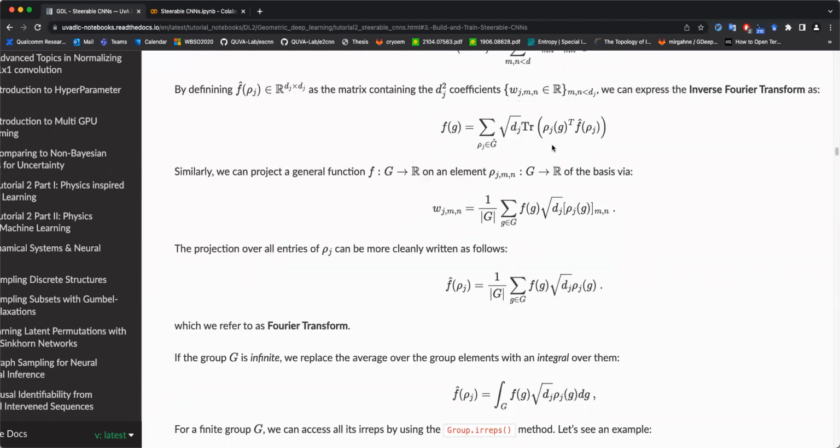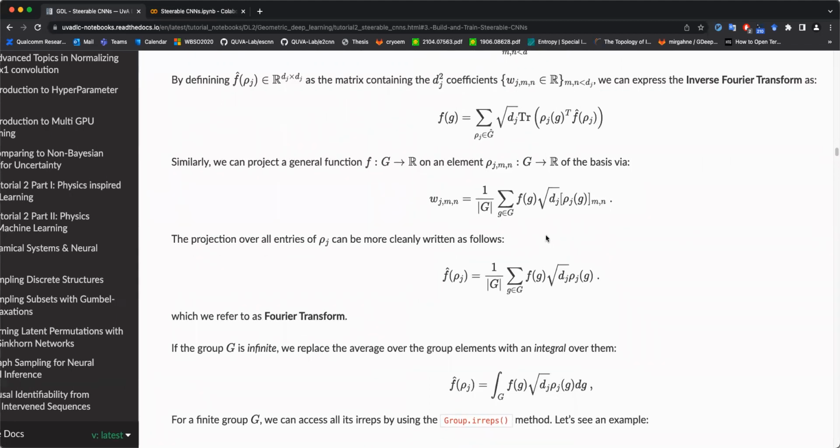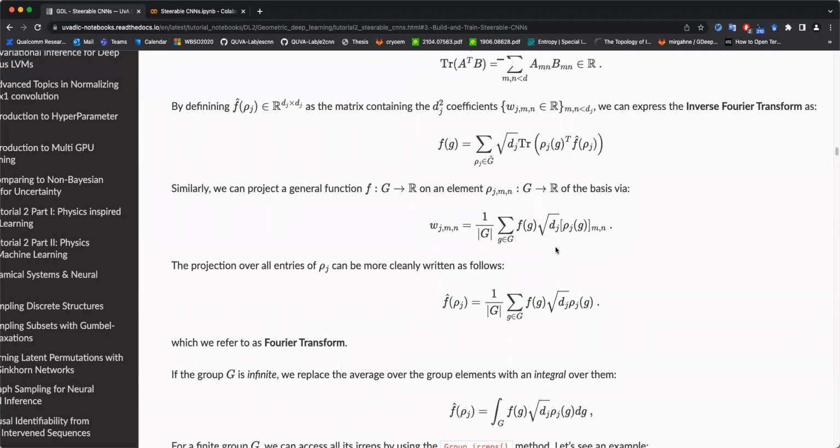This is a linear transformation, so we can take the inverse to define the actual Fourier transform. Starting from the function f, we want to compute the weights. This is just done by taking the product between two functions. So rho j m n is a function over the group, and your function f of g is a function over the group.